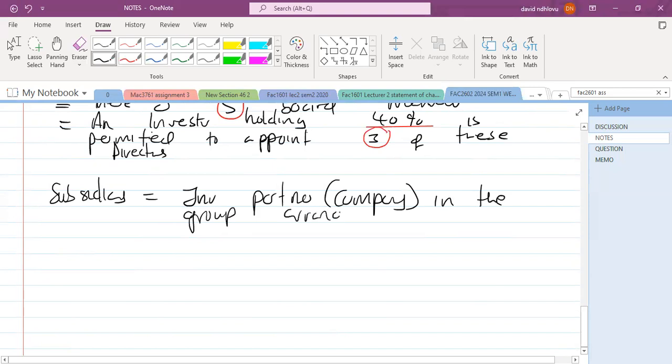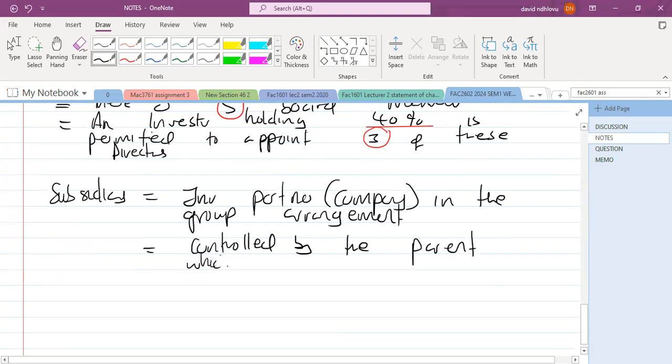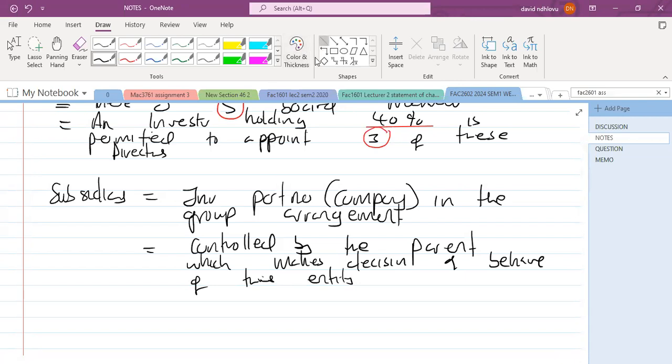This entity is controlled by the parent, which makes decisions on behalf of this entity. So this is called a subsidiary. So we have a parent, we then have a subsidiary.